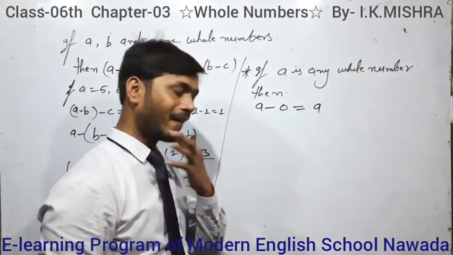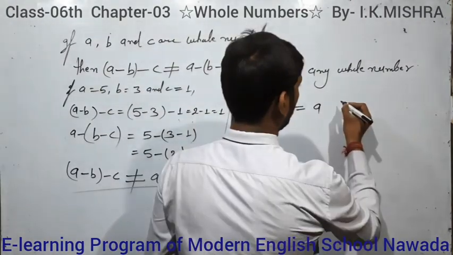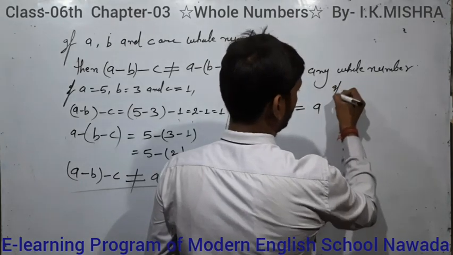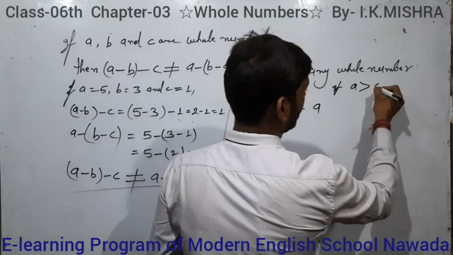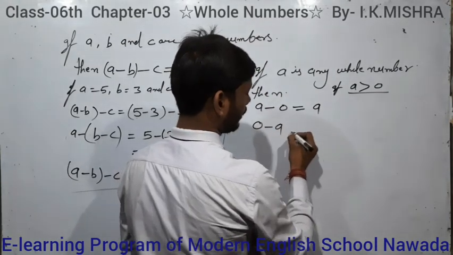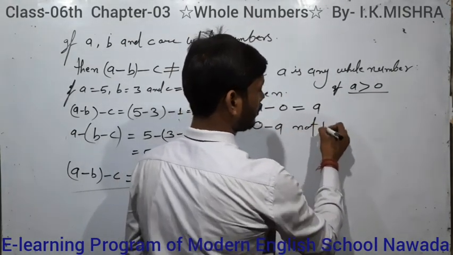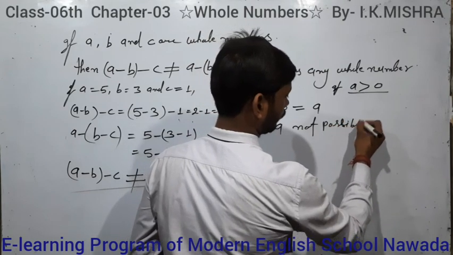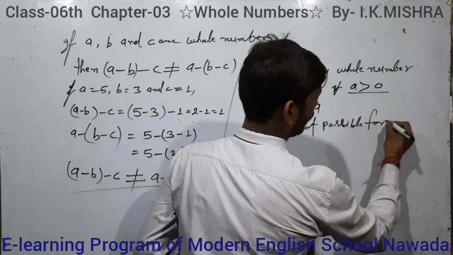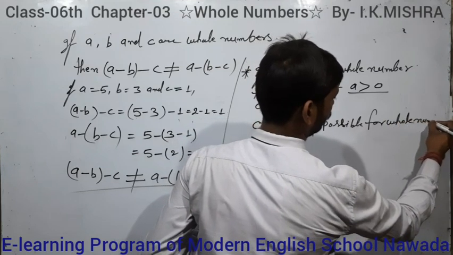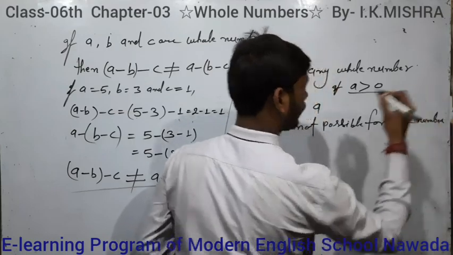But if a is greater than 0, then 0 minus a is not possible for whole numbers.